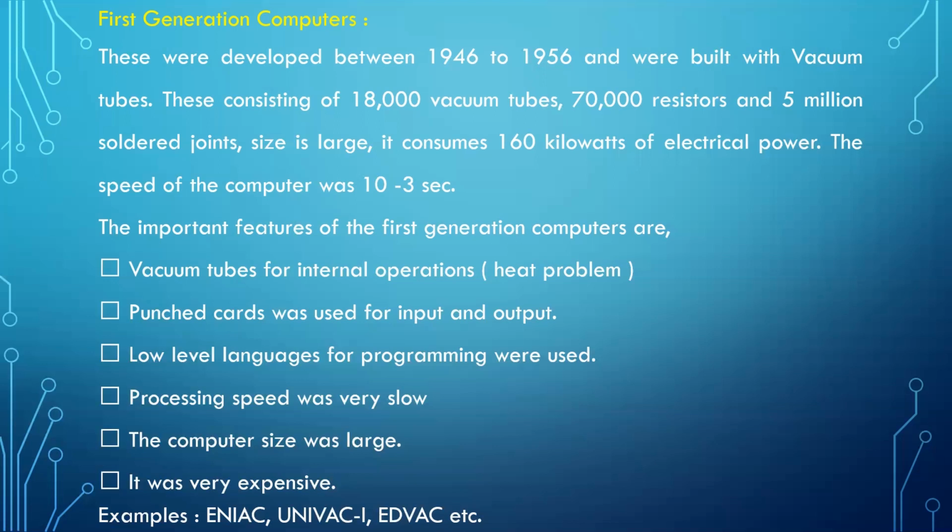So the space required to keep the computer was very large. A huge space is required to keep first generation computers, roughly around 20 by 30 square meters, or 33 by 20 square meters.